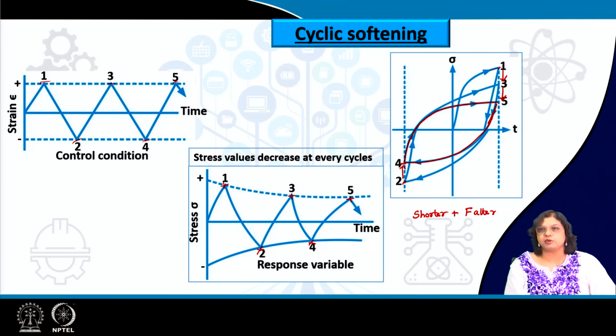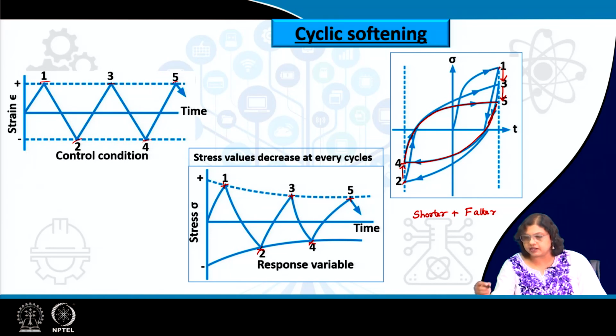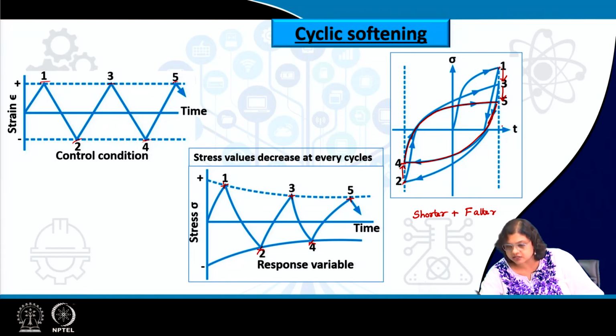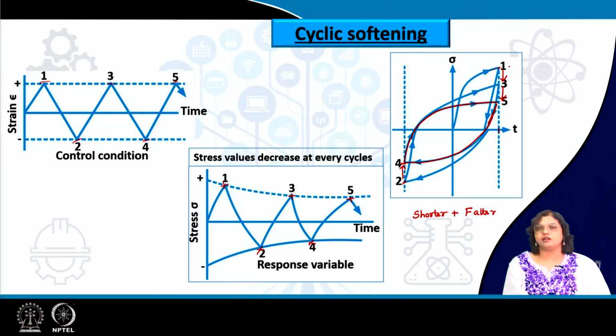Okay, the strain is being increased, and if the strain is being increased to maintain the volume constant, the stress is actually being decreased. But at every point we also have to be careful that you see these dashed lines are a particular one. This is because the strain at any point is being maintained constant, and the response we are seeing is only in terms of stress.